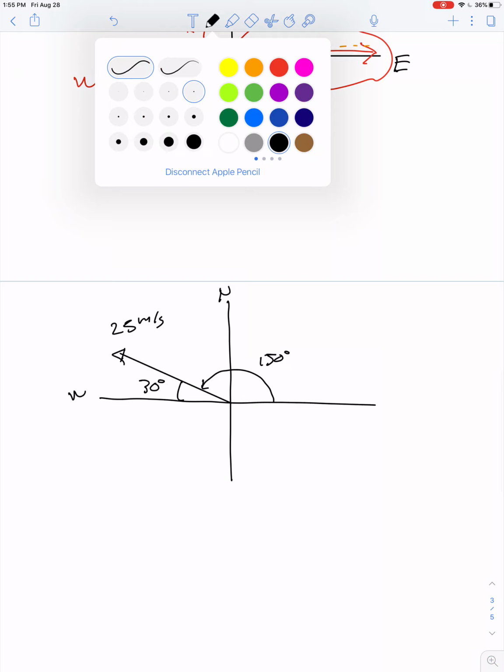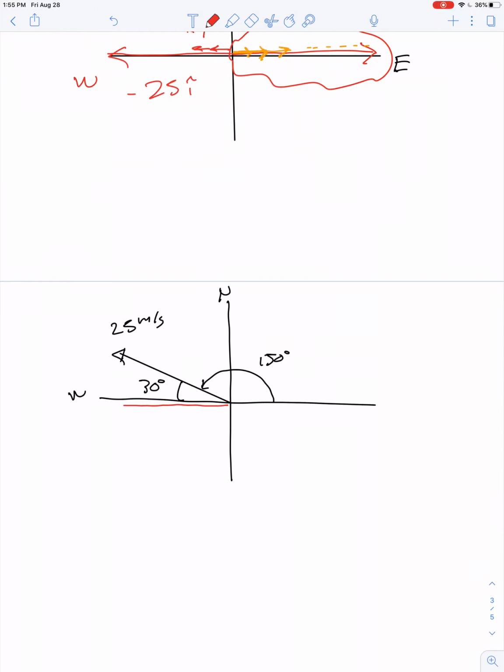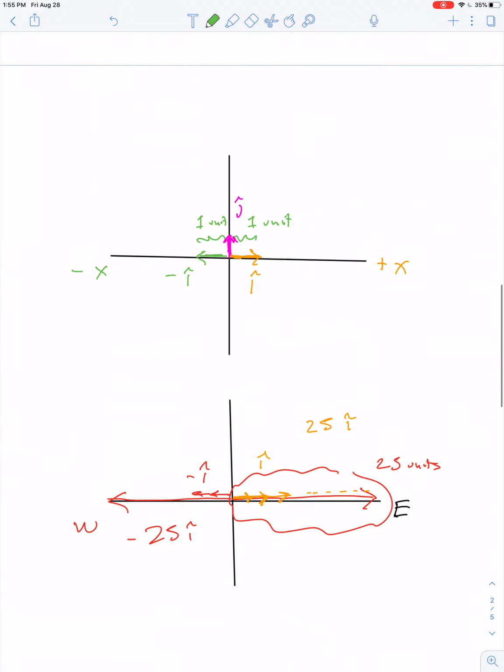So we have a component strictly along the x-axis, and we have a component strictly along the y-axis. And it looks like this component along the x-axis can be reproduced by stringing together a certain multiple of negative i hat. Now, what multiple is that?